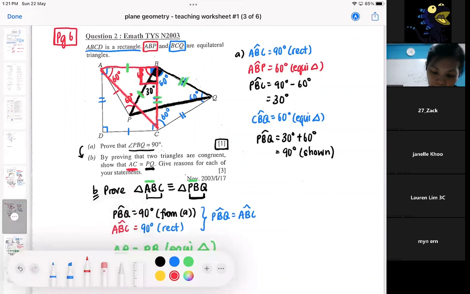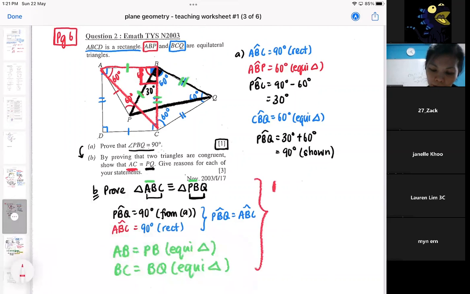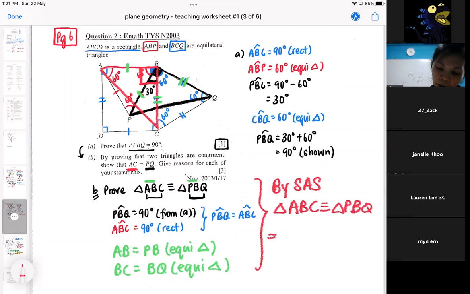So eventually you will be able to prove it by SAS. By SAS, I managed to get a pair of congruent triangles. And because of the congruent triangles, AC is equal to PQ.